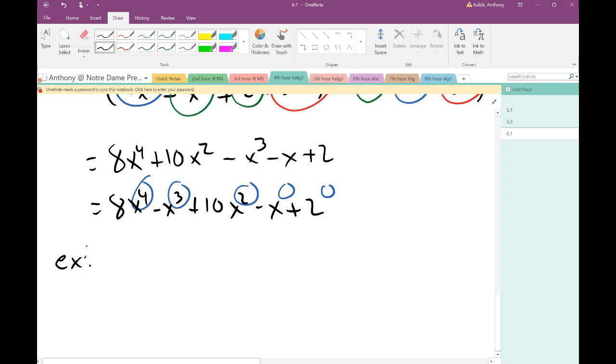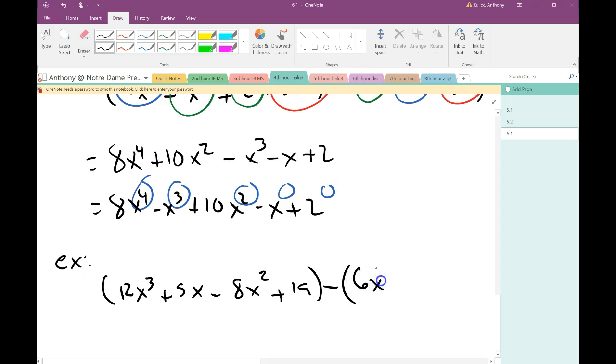Let's consider this one. 12x to the third plus 5x minus 8x squared plus 19, minus 6x squared minus 9x plus 3 minus 8x cubed. My idea here is just like when we subtracted complex numbers.